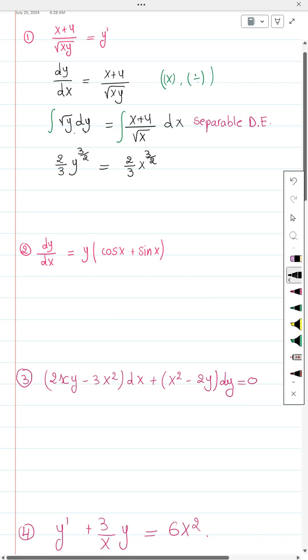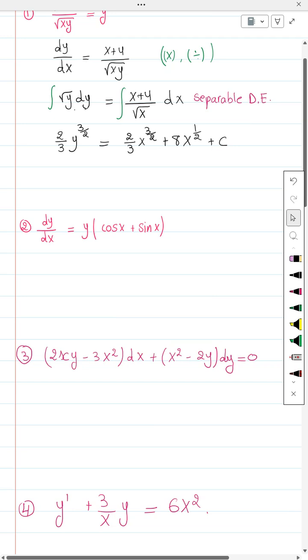And we have the integration of 4 over the square root of x, so it's 4 times x to the power of minus 1 over 2. By adding 1, it's 1 over 2, so x to the power of 1 over 2. We get 4 times 2, which is 8 x to the power of 1 over 2, and we don't forget the plus c. And we are done. This is the solution.